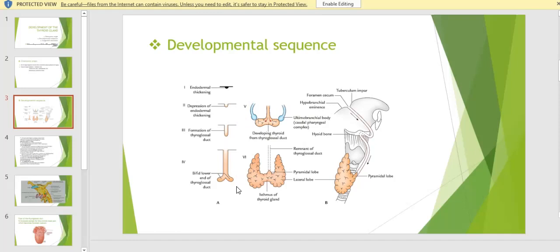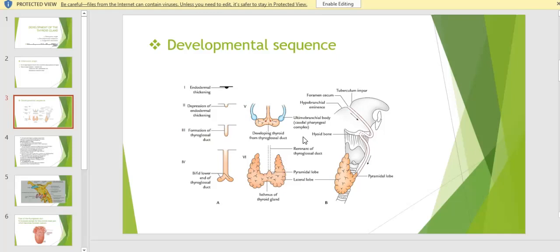Then at the caudal end of the thyroglossal duct, it bifurcates to form two bifids, where the endoderm undergoes proliferation to form the two lateral lobes of the thyroid gland, which are joined by the isthmus. Remember, in the adult, the isthmus usually overlies the second to the fourth tracheal rings.